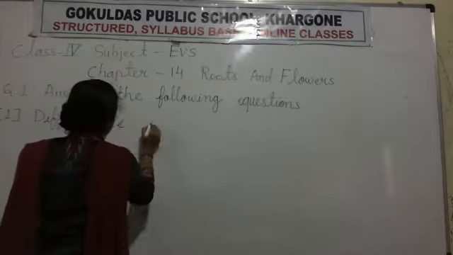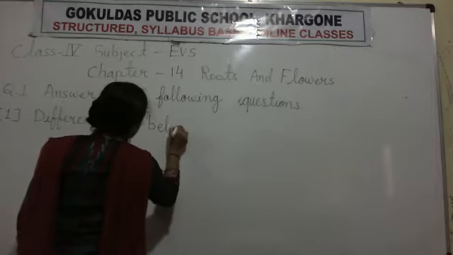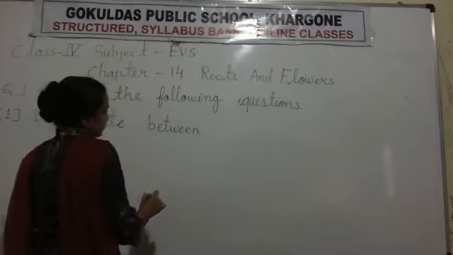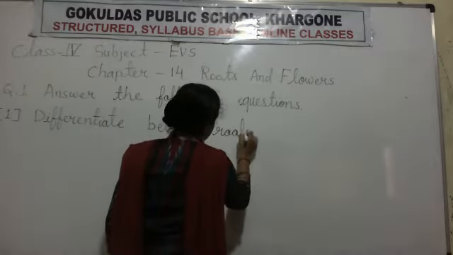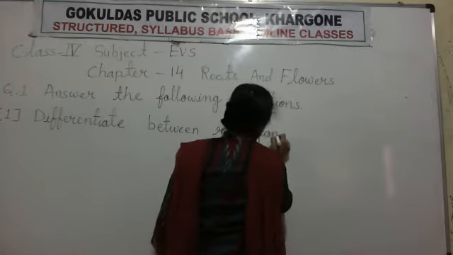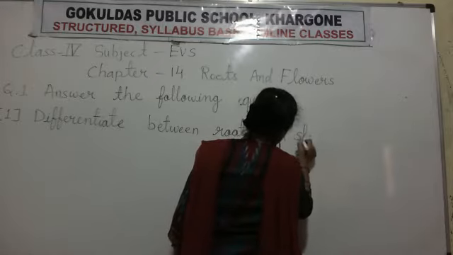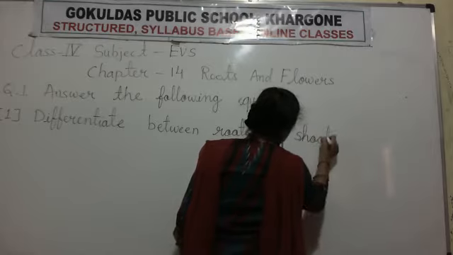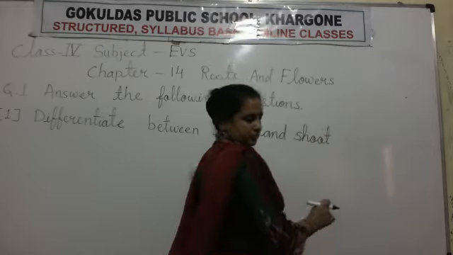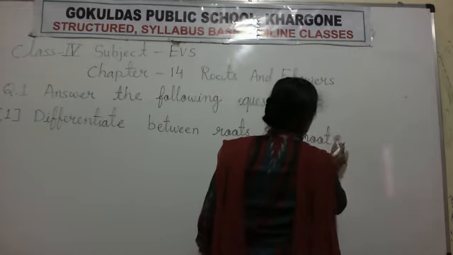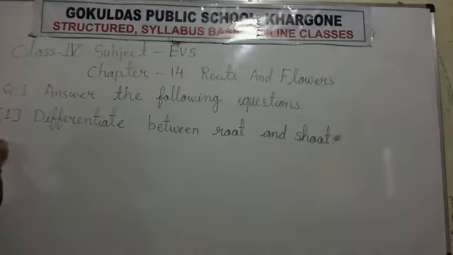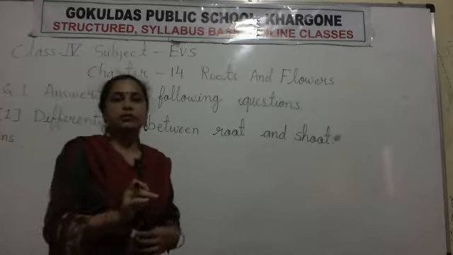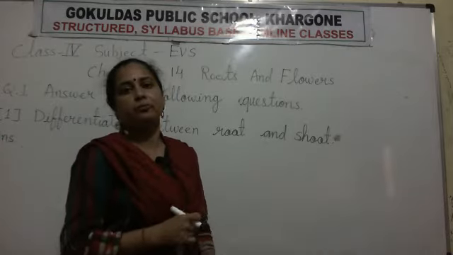Differentiate between root and shoot. Means here we have to write what is the difference between the root system and the shoot system of a plant. Okay.